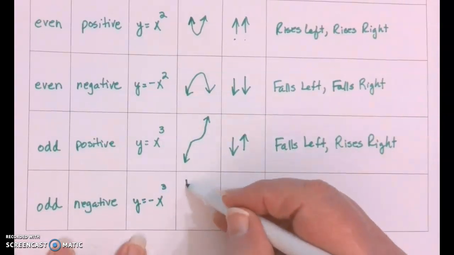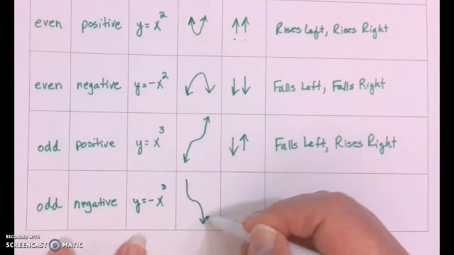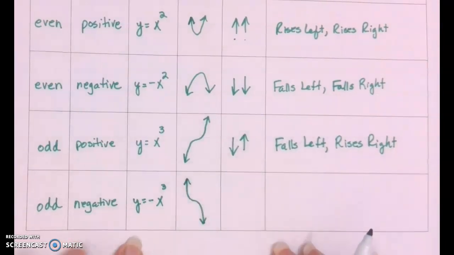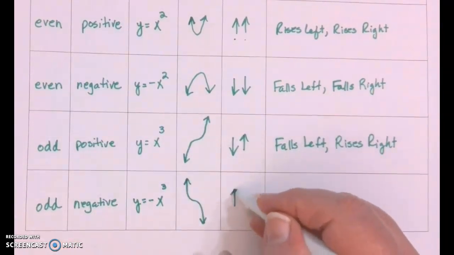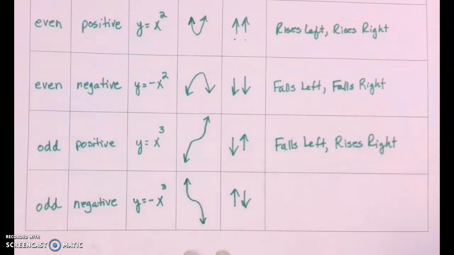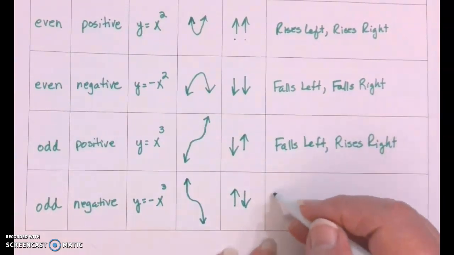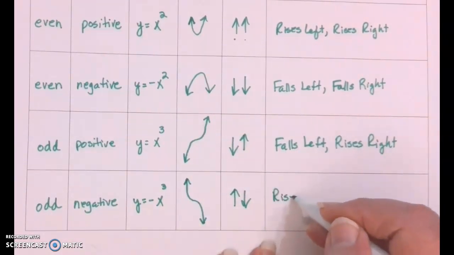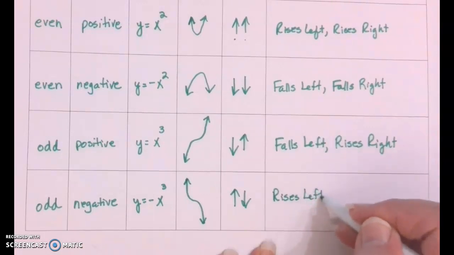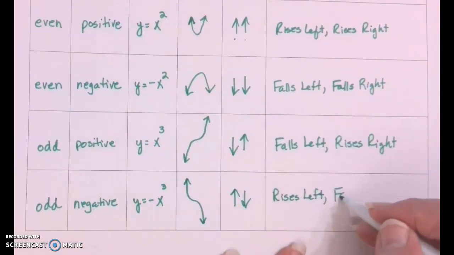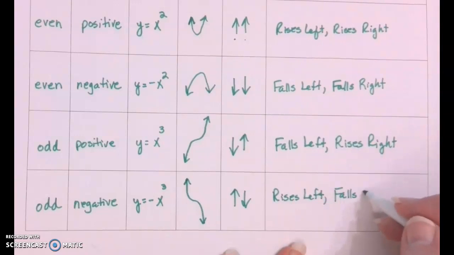And that one just flips around and looks like that. Now that is tail up, tail down, and on the left it rises left and it falls to the right.